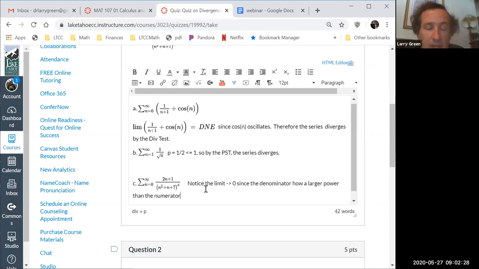Also notice that the dominant terms for large n are 2n over n to the 8th. Is that clear?